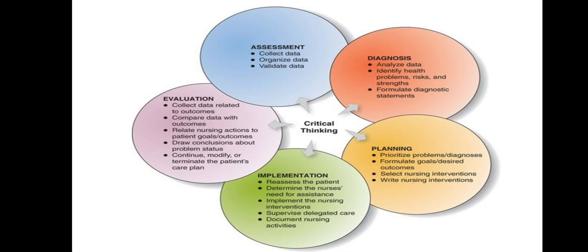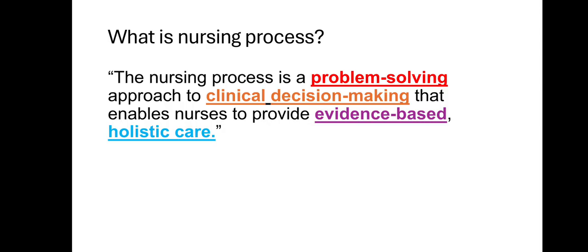Now, since we've looked at the components, let's look at the definition. What is the nursing process? Of course, there are a number of accepted ways you can define it, but I'm going to define it this way.